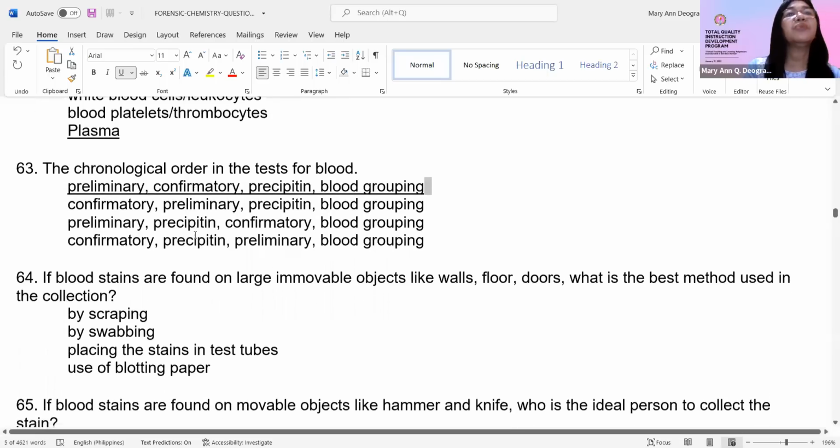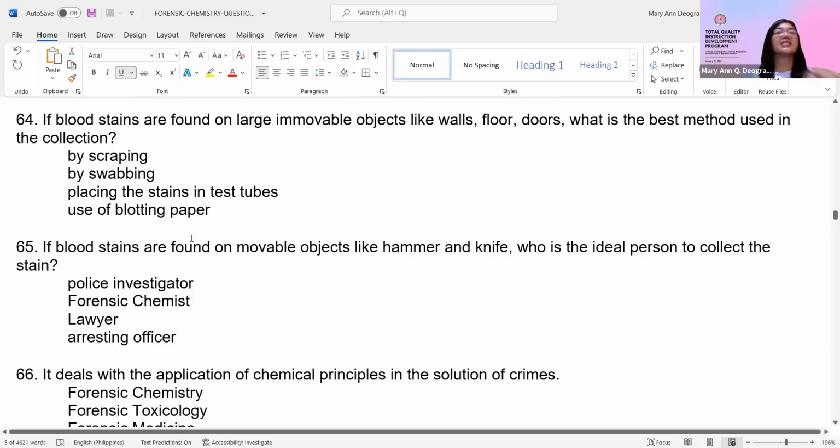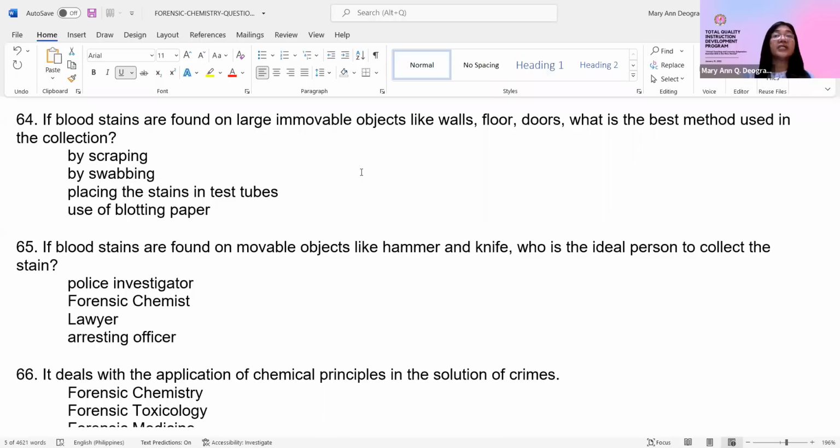Alright, how about number 60? Okay, 64. If blood stains are found on large immovable objects like walls, floor, doors, what is the best method used in the collection? Okay, maraming sumagot.